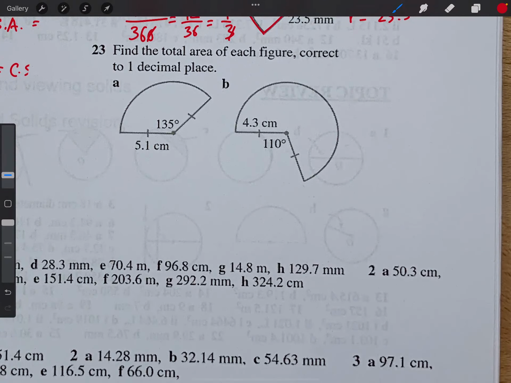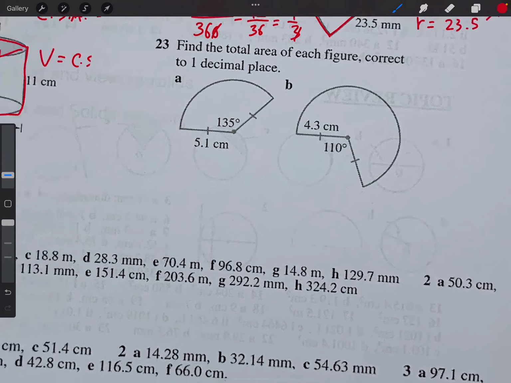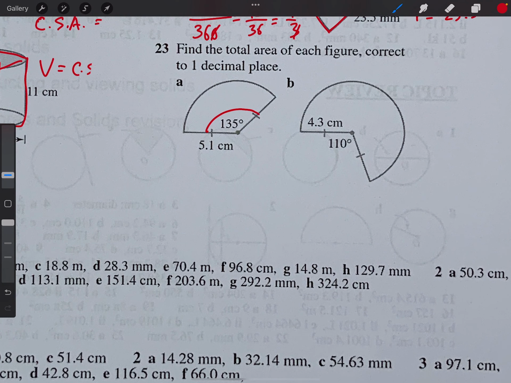Question 23. Find the total area of each figure. Okay. So 135 degrees over 360. Let's see what fraction of a circle we got. This is going to be 3 over 8, 3/8 of the entire circle.